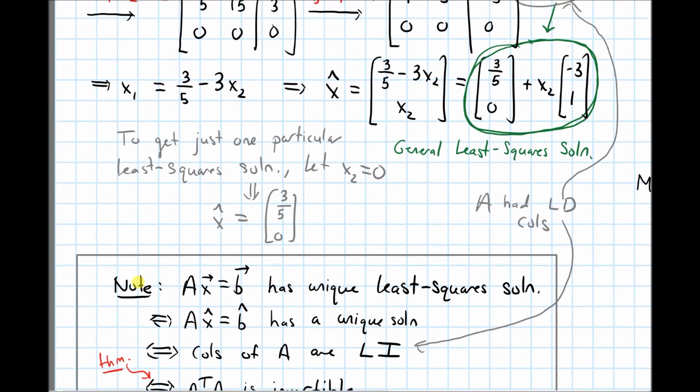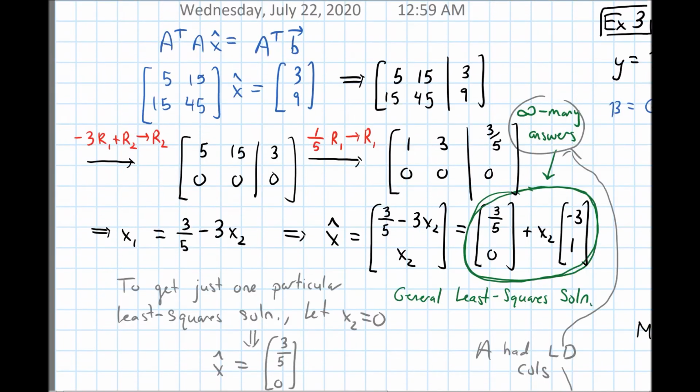If we look back at this example up here, A transpose A, we had figured that out. That was this matrix. We might notice that the two columns are multiples. I can multiply the first column by 3 to get the second column. So the columns are linearly dependent here. So A transpose A is definitely not invertible. And that's why we didn't have a unique solution.